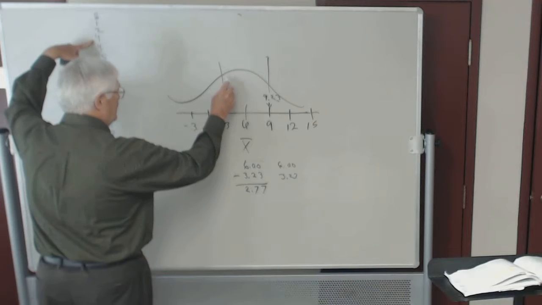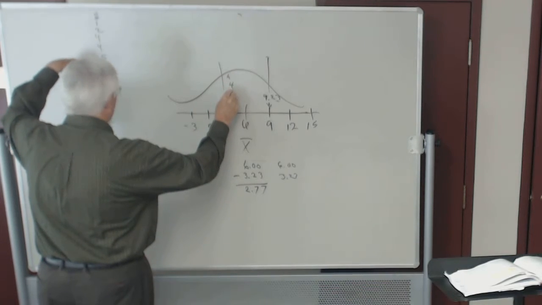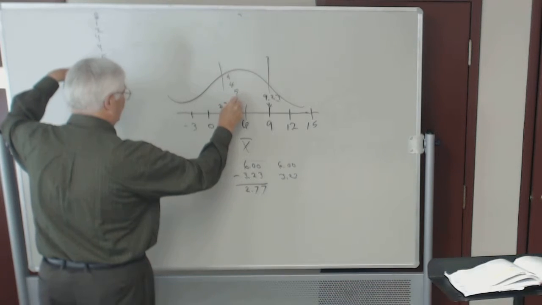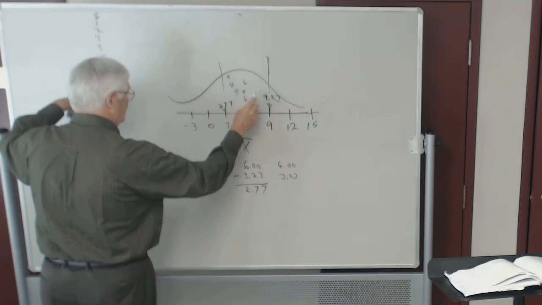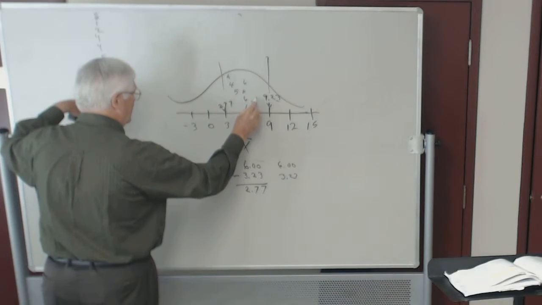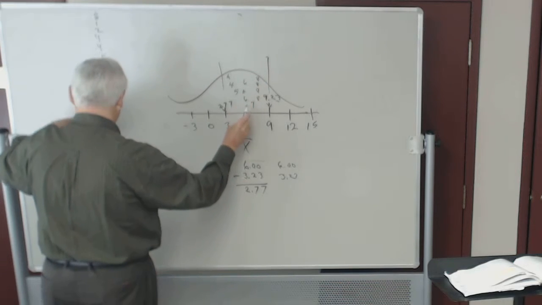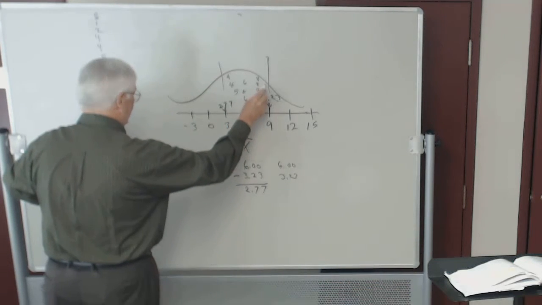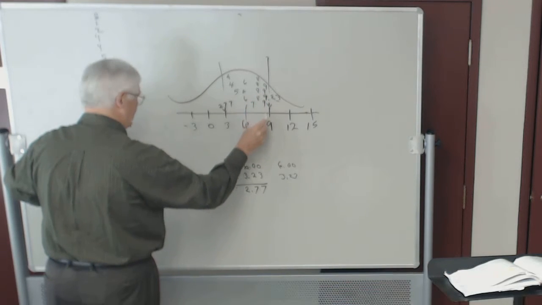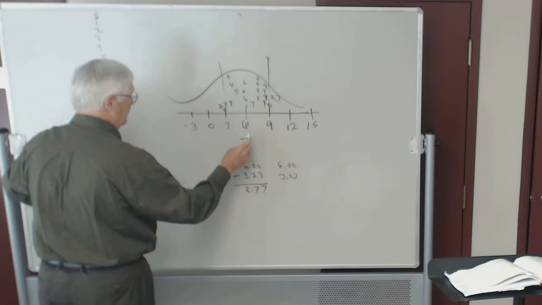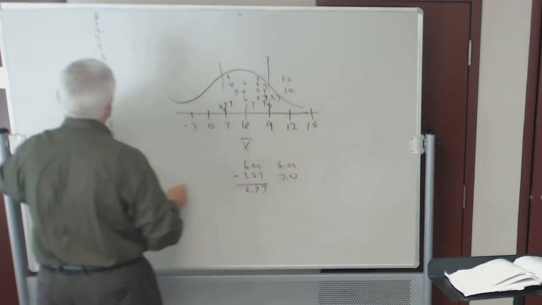That would be 4 and 4 and 5 and 6 and 6 and 6 and 7 and 8 and 8 and 8 and 8 and 9 and 9 and 9, and then the 2 10s would be out here, wouldn't they?